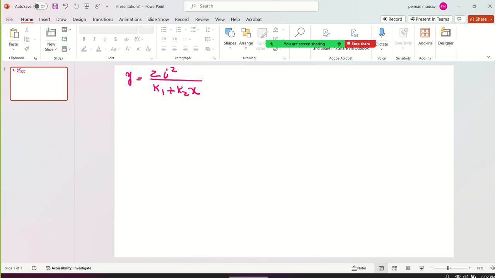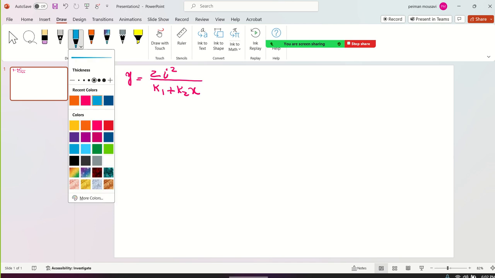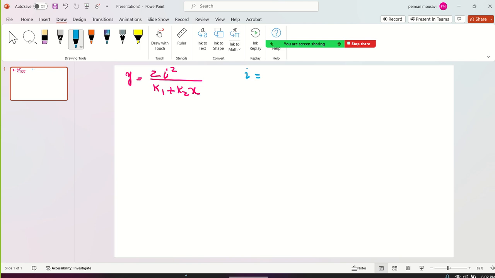You have an electromechanical system. i is the current, and x is the displacement. And you already found the equilibrium points of current and x from differential equations, as I told you. So how do we linearize this? This is completely nonlinear, i squared divided by x.